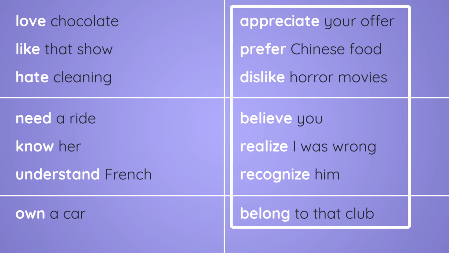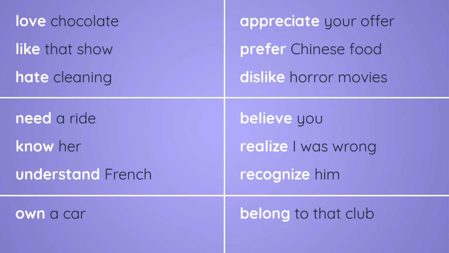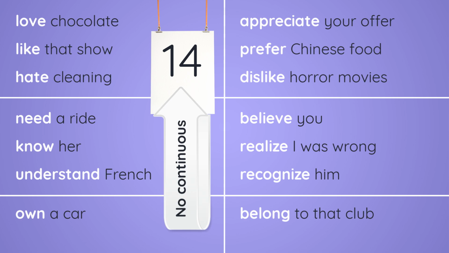I realize. I recognize. I belong. Okay? So you have just learned 14 stative verbs that you will always, from now on, never use in a continuous form. You can use them in the simple form. That means you can use them in the present or the past. And you can also use them in the perfect form. Like, for example, I have done something or I had done something.